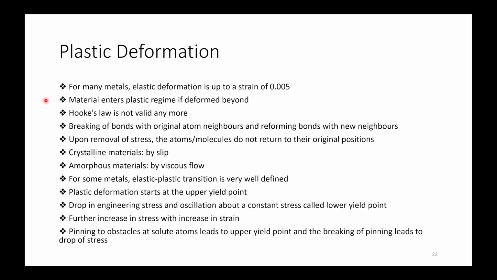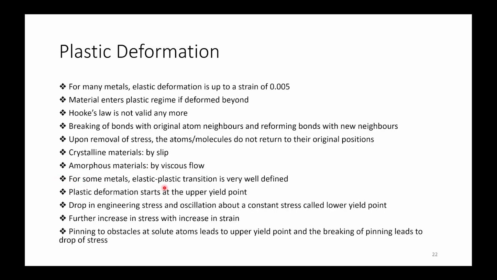So breaking of bonds with original atom neighbors and reforming bonds with new neighbors takes place, and upon removal of stress the atoms or molecules do not return to their original positions, so there will be some permanent deformation. In case of crystalline materials it occurs by slip, and in case of amorphous materials it occurs by viscous flow.